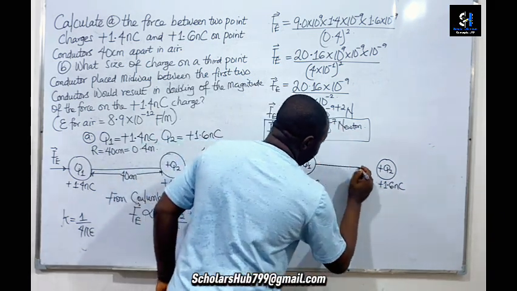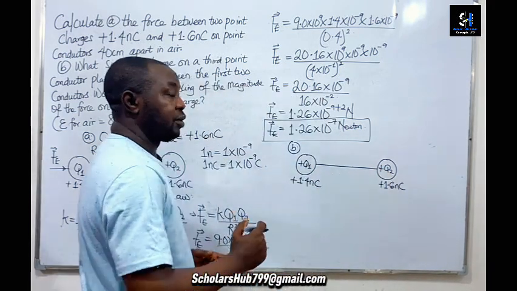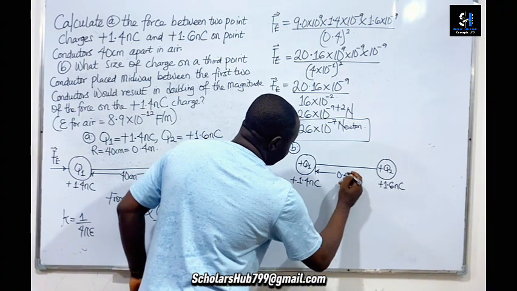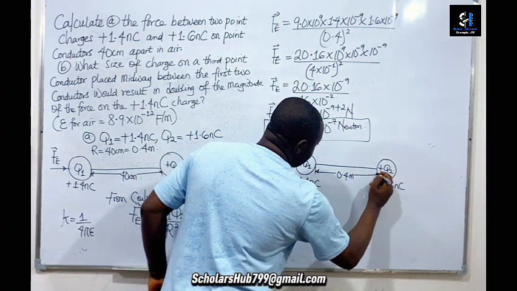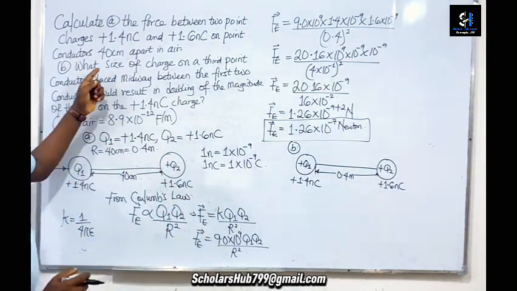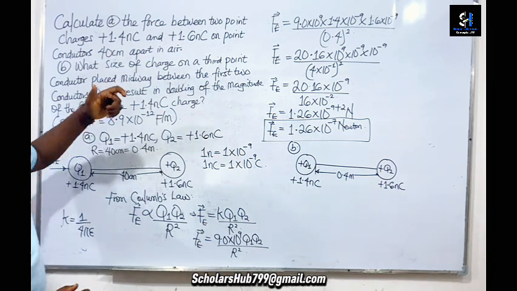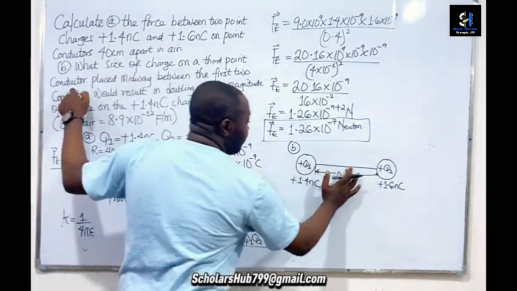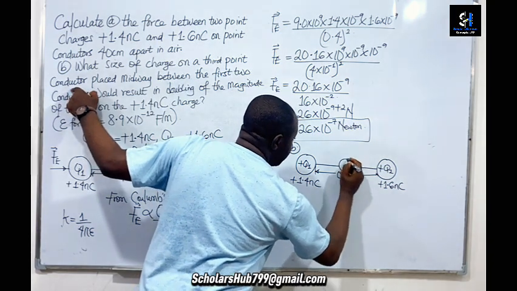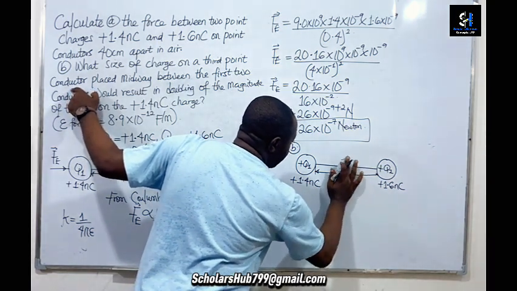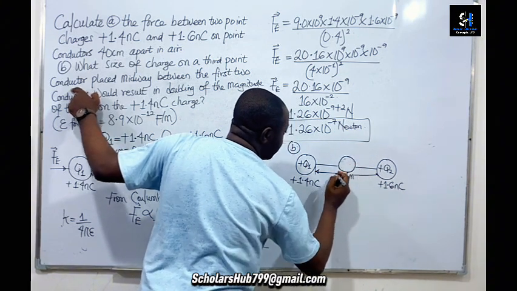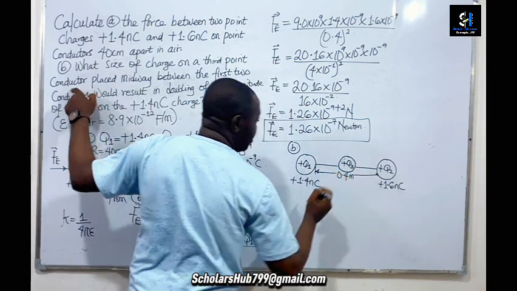And we know the distance of separation is 0.4 meters. So now, what size of charge on a third point conductor? That means if you have a third conductor placed midway, what is the charge on a third point conductor, that is positive Q3?